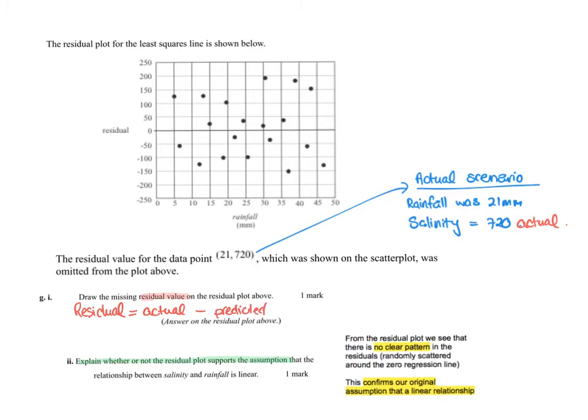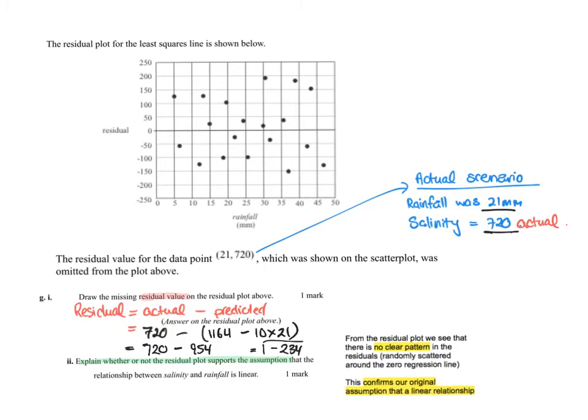And you'll see, well, we've got the actual, we know it's 720, and we use the equation to get the predicted. So the equation was on the pages before, which was 1164 minus 10 times the rainfall, which we know at the moment is 21. So we pop that into the calculator. So we get 720 minus 954, which equals -234.